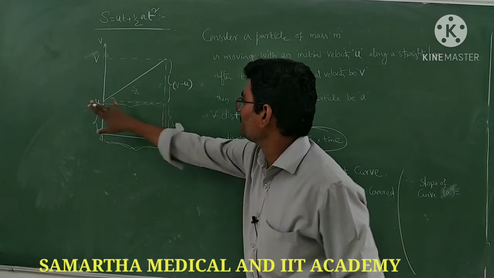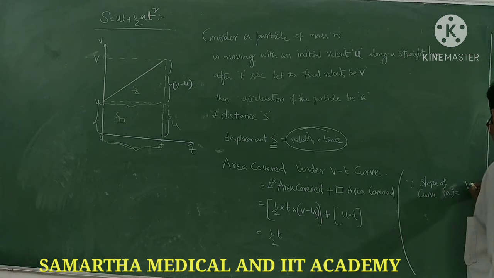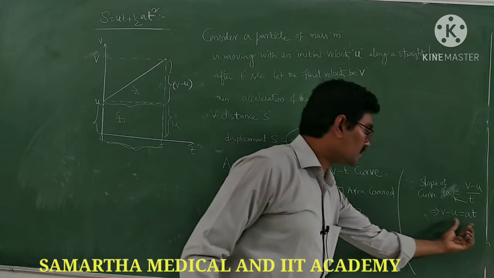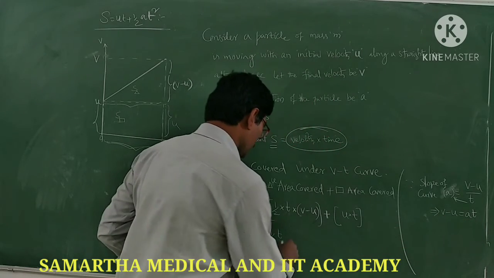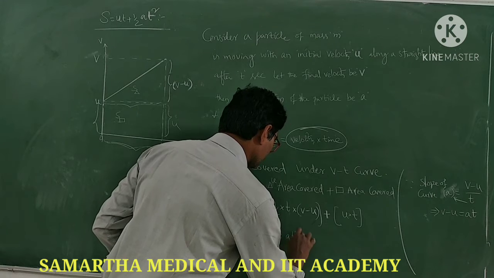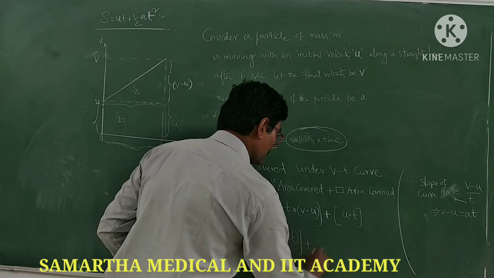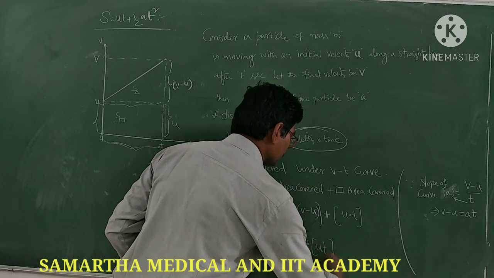From here to here it is t. So from this, v minus u is a into t, by cross multiplying. So in place of v minus u, we can replace it with at. Plus u into t.